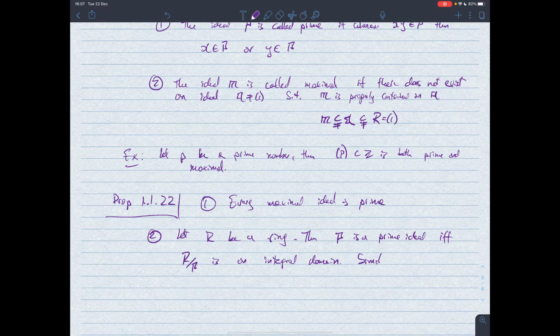Similarly, M is maximal if and only if R modulo M is a field. So in this example that we had up here, Z mod pZ is an integral domain, but it's also a field because it is the same as F_p.